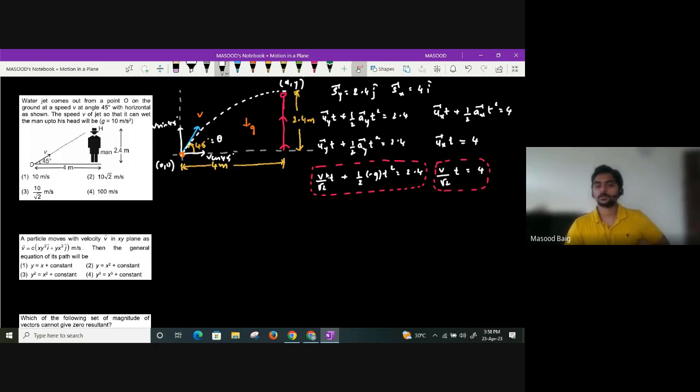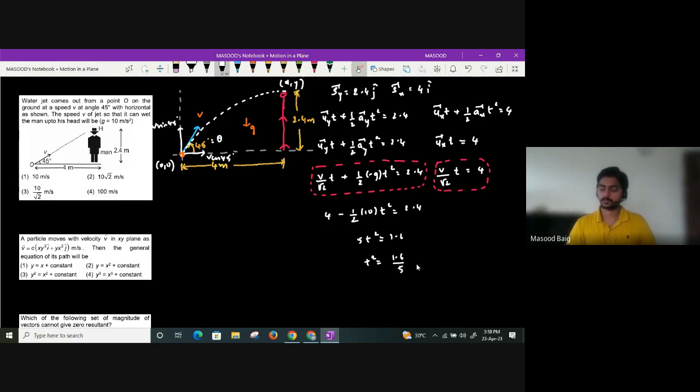So what can I do? In place of v by root 2 into t, I can just substitute 4 minus half into 10 into t square will be equal to what, beta? 2.4. So 5 into t square, if I do, I'll get 1.6. So what will I get t square value as? 1.6 divided by 5.